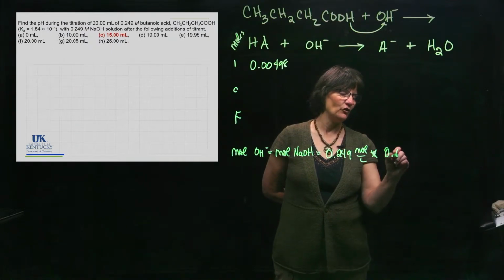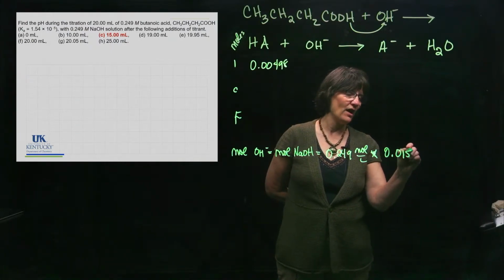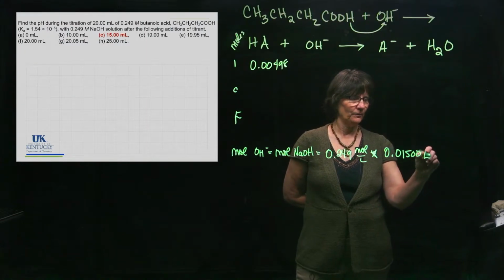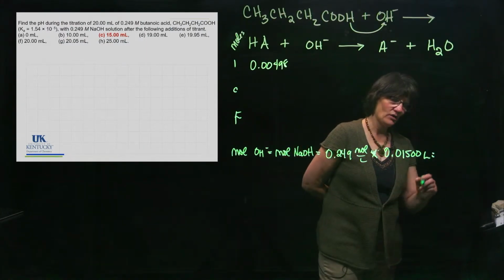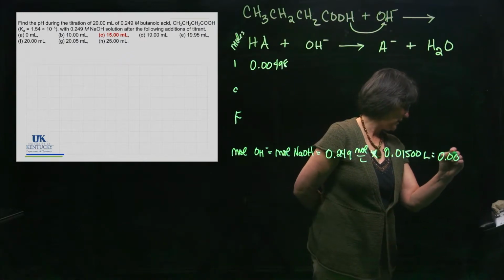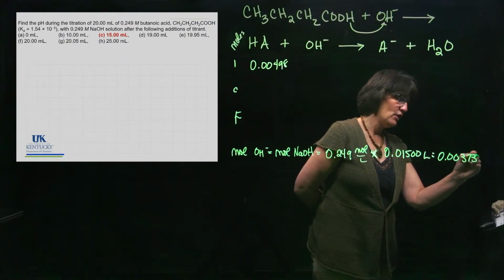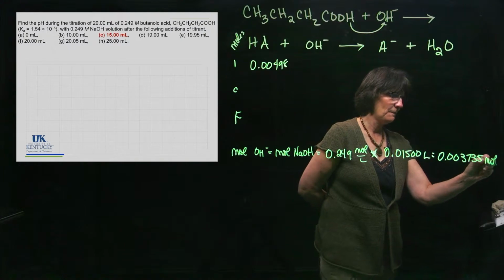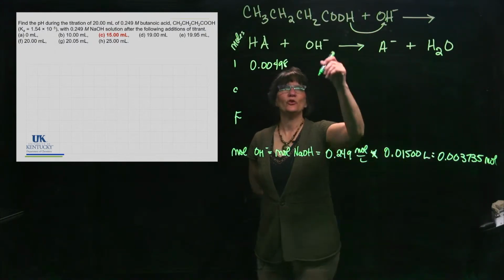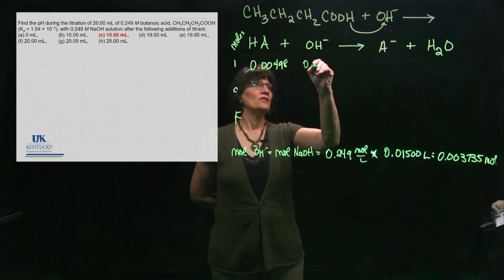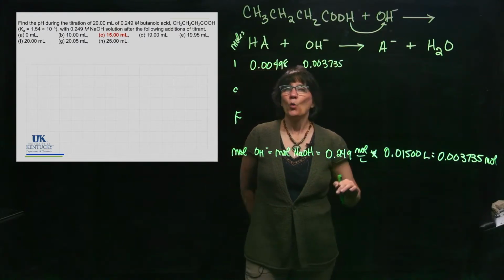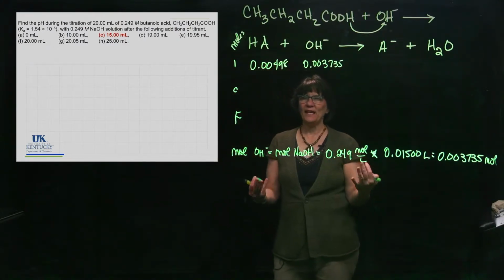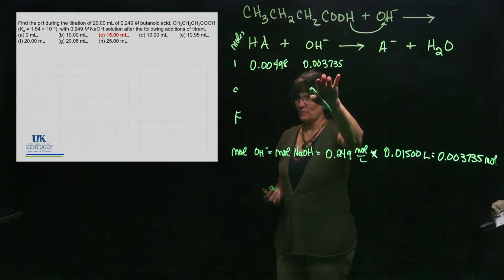It's 15 milliliters, or 0.015 liters. That's going to give me the moles of sodium hydroxide, which is 0.003735. And we can plug that into our table, 0.003735. Now, we're just imagining we're back to the very beginning and adding this much base.